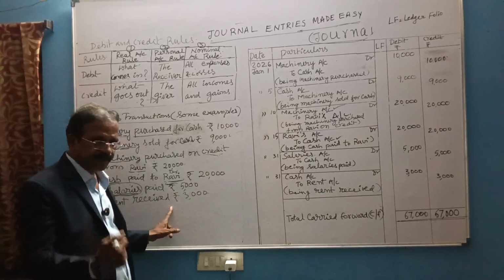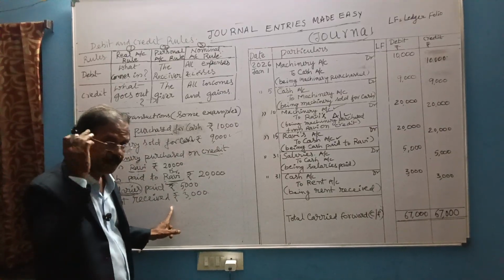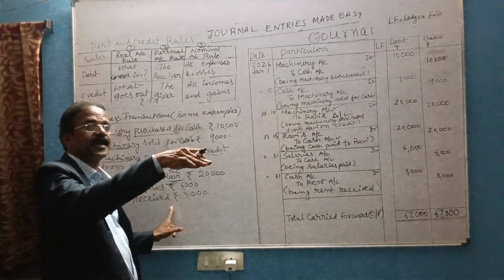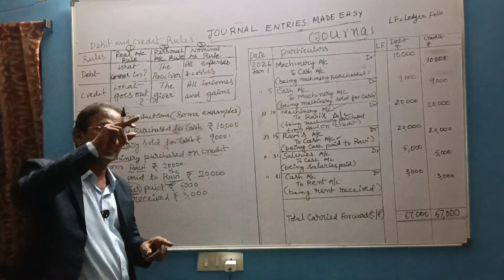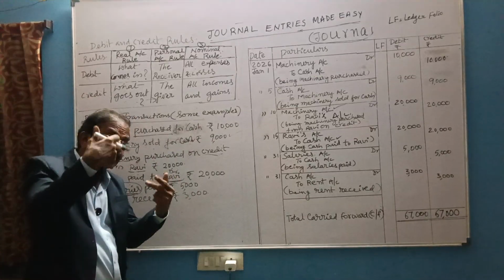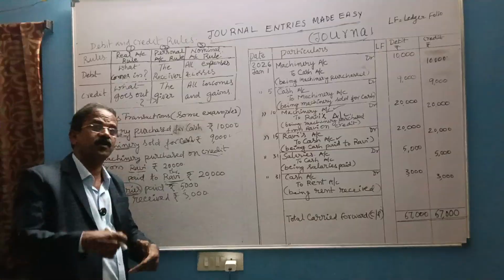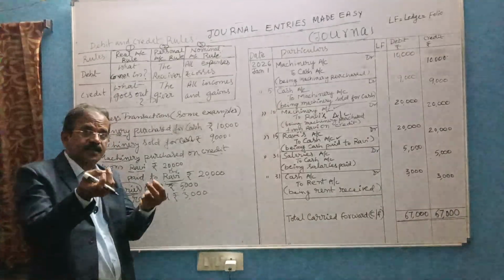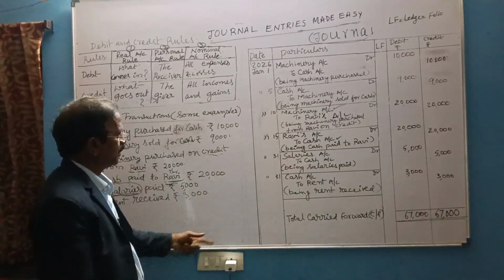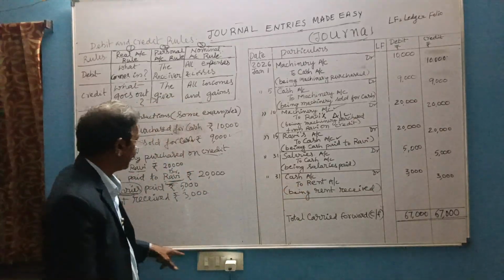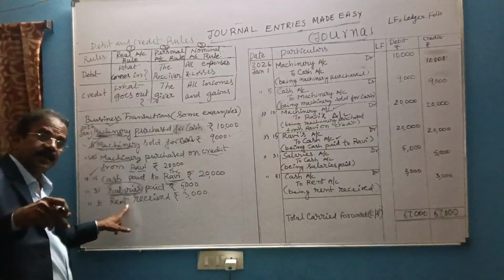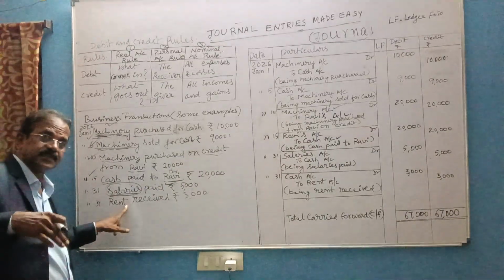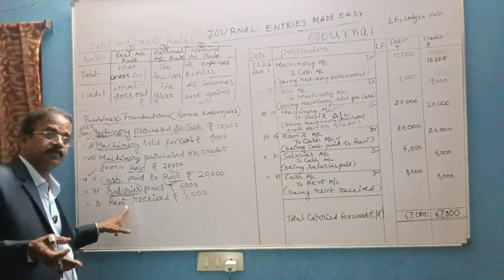Now, rent received. Rent received means what? What happened really? You have to go into the transaction. Don't try to look at the words here. Going to the transaction, what happened really? Rent received means somebody gave some amount to us in the form of cash. So cash is coming, cash account debit. Then that rent is retained by us, kept by us. We won't give it back.